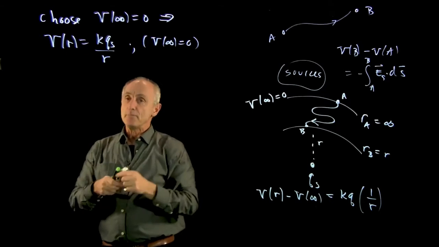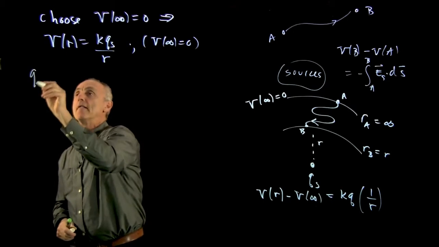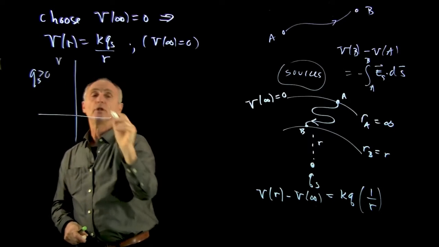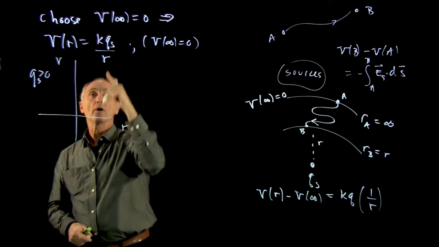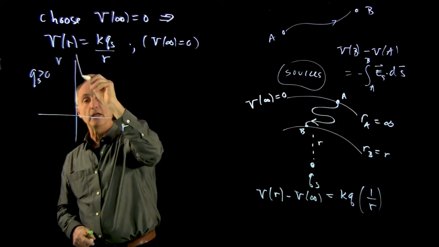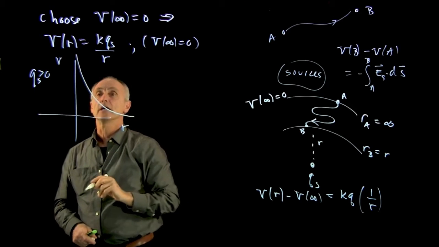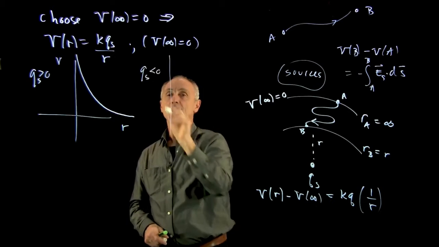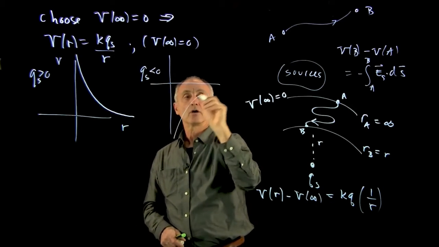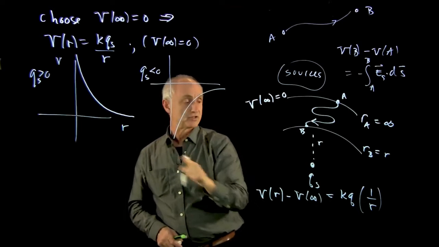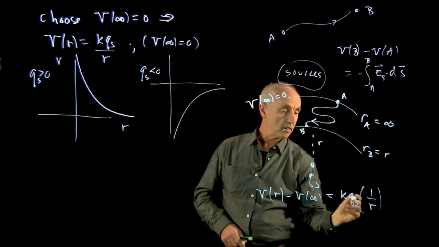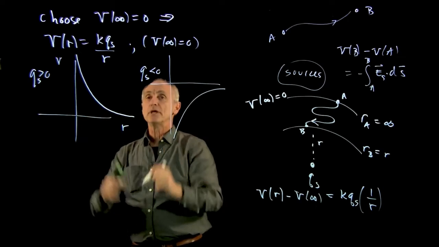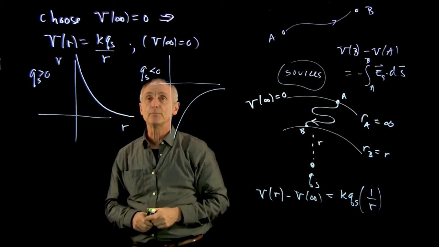If we looked at this function, where QS is positive, and we plotted V versus r, at the origin there's a singularity, and it drops off like that. And when QS is negative, that same function goes to 0 at infinity, but it starts off negative because the source here will be negative. And so these are our pictures of our potential function.